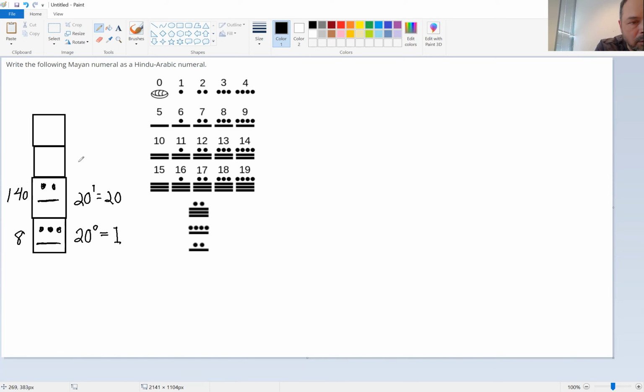Now it gets a little strange here, because now you start doing 18 times 20 to the first power. Now 18 times 20 is 360. Okay, so each of these dots is going to be worth 360.